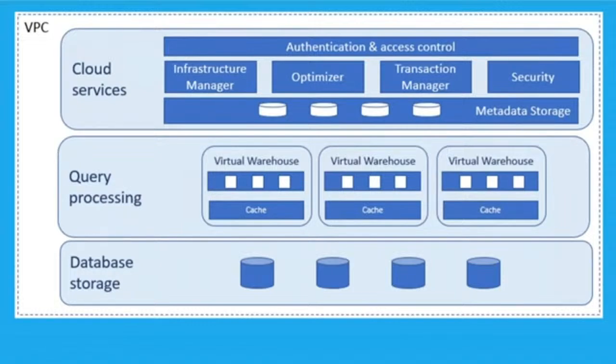I recommend you make some running notes also. I will share this content after the end of the session. This query processing layer is a hardware component which can be called a virtual compute warehouse.